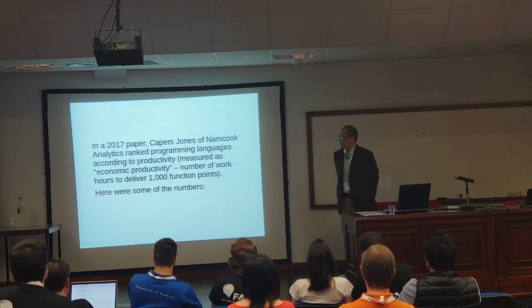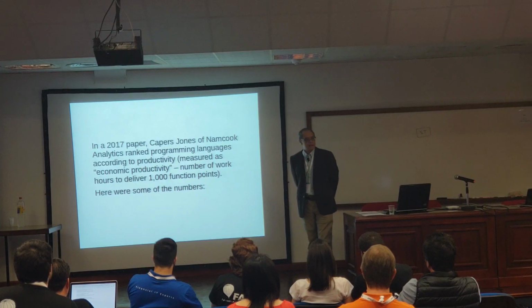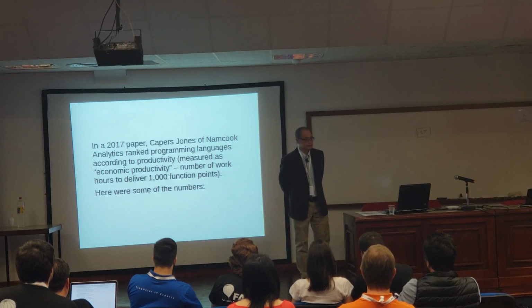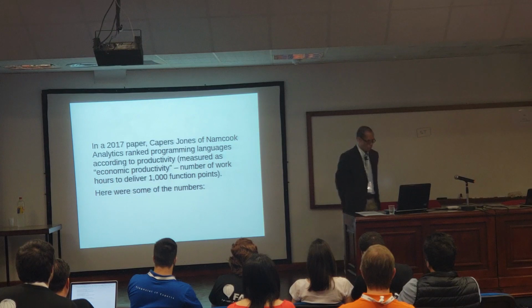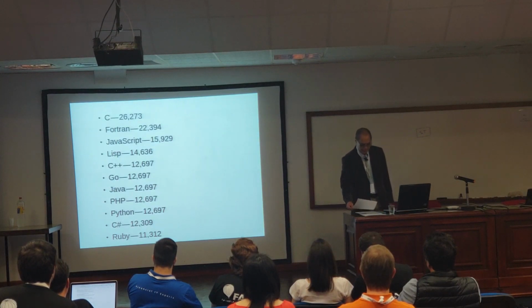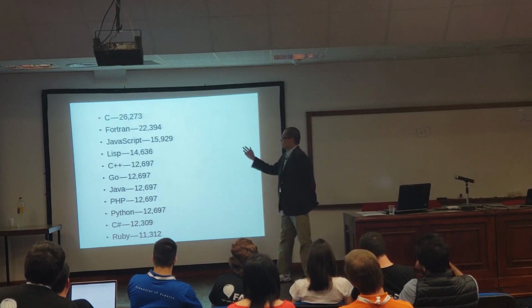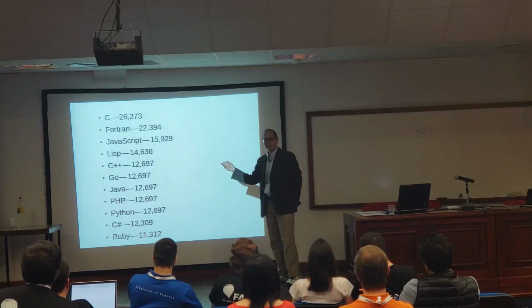In a 2017 paper, Capers-Jones of Namcook Analytics ranked languages according to popularity. Here are some of the numbers. Among the least productive are C, Fortran, and surprisingly JavaScript.